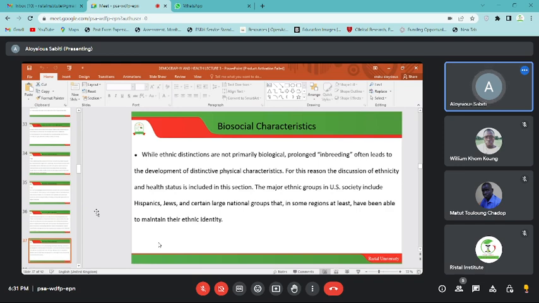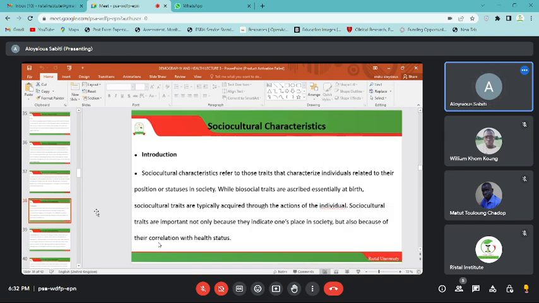We're using tribe or ethnicity to understand patterns of disease or patterns of health status in our population.